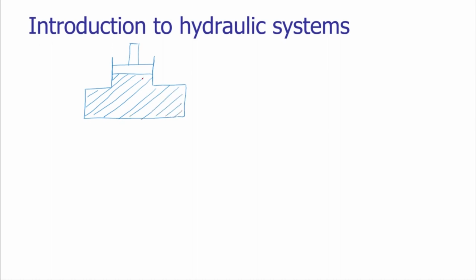Now as per Pascal's law, the pressure here at point A is 2 kgf per centimeter square. The same pressure would be there at point B, which is in the bottom portion of the system as well.